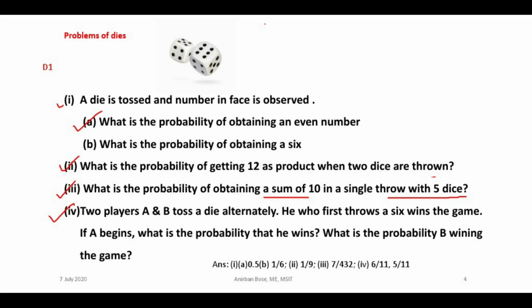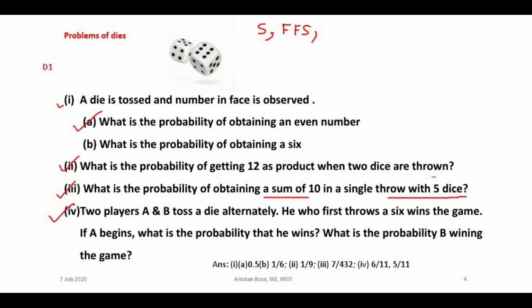Okay, so what are the different possibilities by which A can win? Maybe in the first turn A makes a 6, then A will win. S means success. If A gets success in the first turn, then A wins. Or it may be possible that in the first turn A does not succeed, then A failed, then for A to win, B also has to fail, and then it will be A's turn and A will get a success.